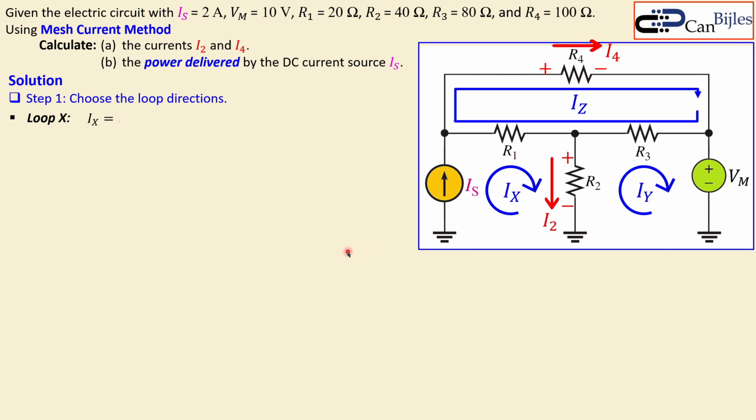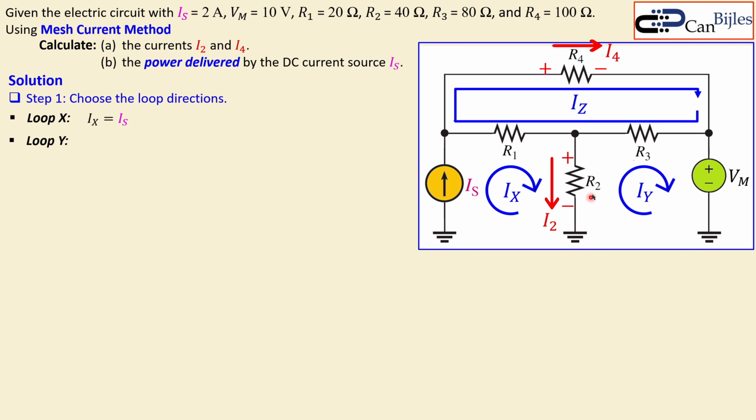So we can say IX is equal to IS, and that is already done, so you don't have to set up equations using Kirchhoff's voltage law for R1 and R2. This is much easier now. Having a current source in your circuit when you use the mesh current method makes it much easier. So for loop Y, we can now do a similar thing as in the previous videos.